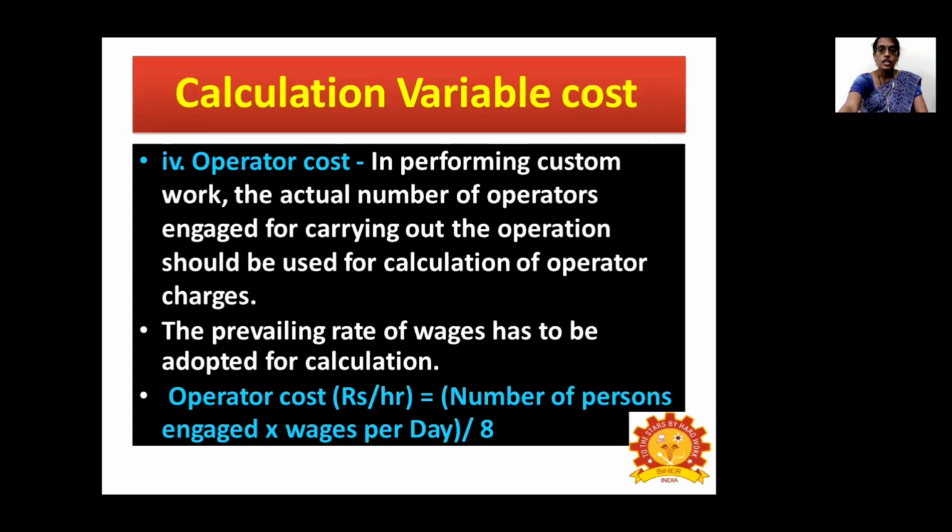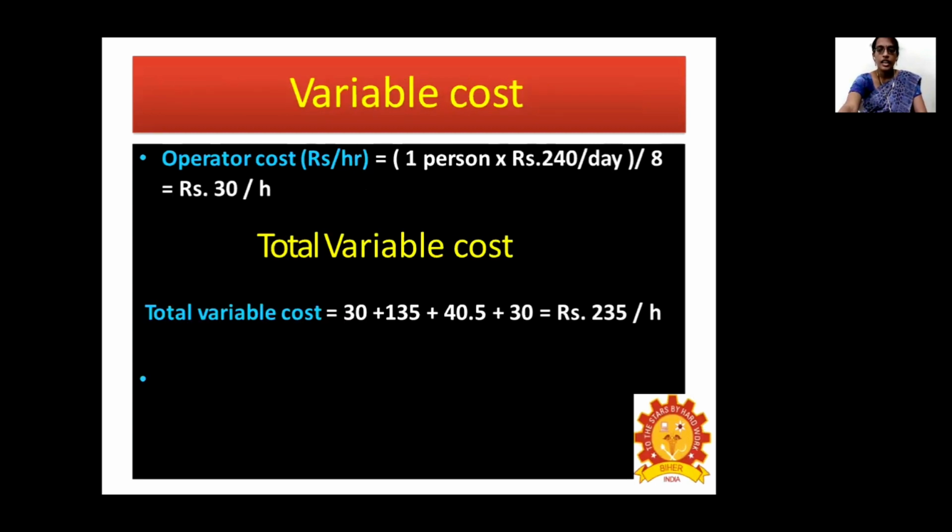And the operator cost. In order to perform certain works, the actual number of operators engaged in carrying out this operation should also be calculated for the operating charges. Normally operating charges are calculated as number of persons engaged into wages per day divided by 8. If you substitute these terms, we can calculate this operating cost also.